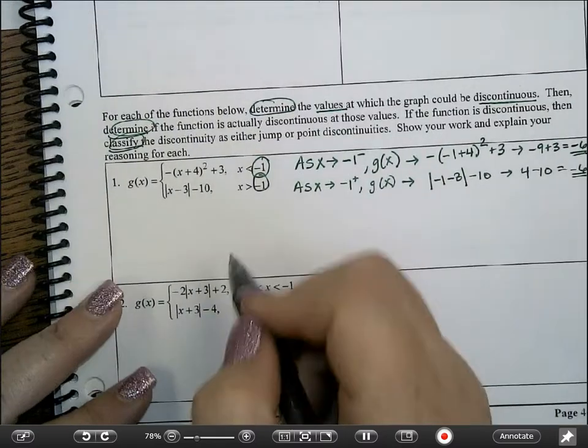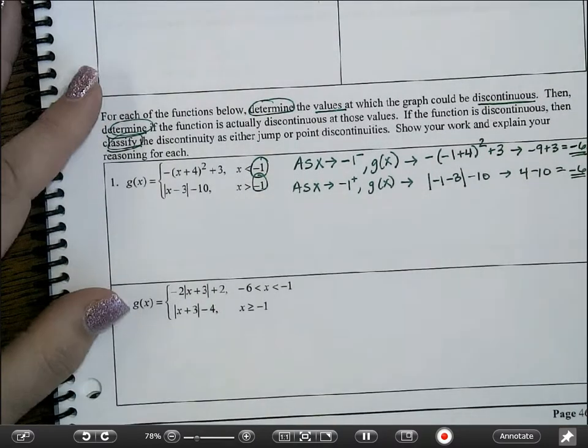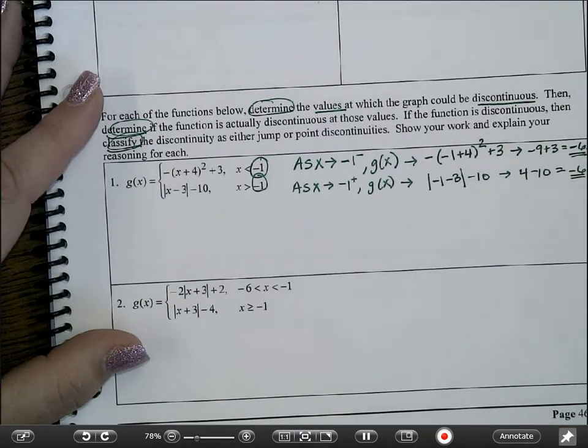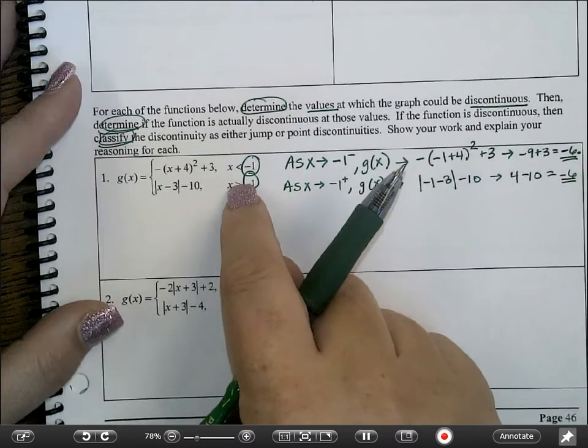So now I need to figure out where I am supposed to plug in -1. Well, none of these equal -1.